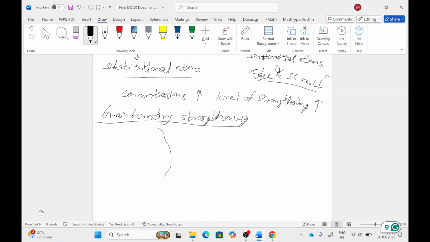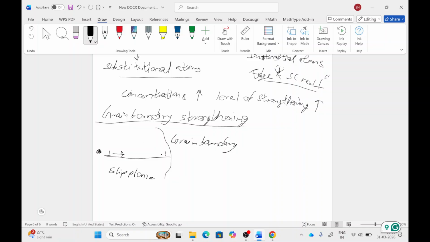This is the slip plane, and a dislocation is gliding on this slip plane from this point. Here we can say some dislocation generating source is there. So the dislocation is generating and moving on the slip plane.